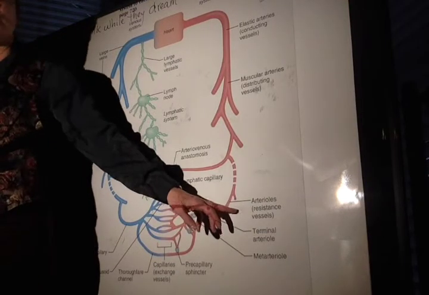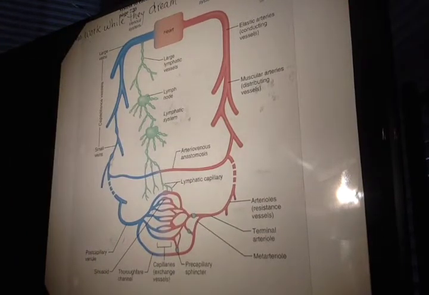Then you get down to the arterioles. The arterioles are also called resistance vessels. Resistance vessels, and that's really important.